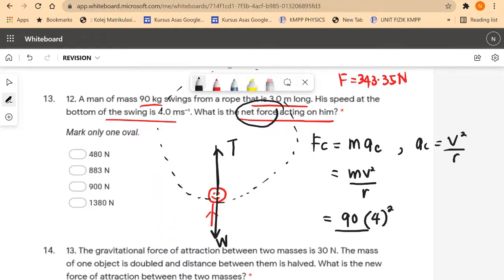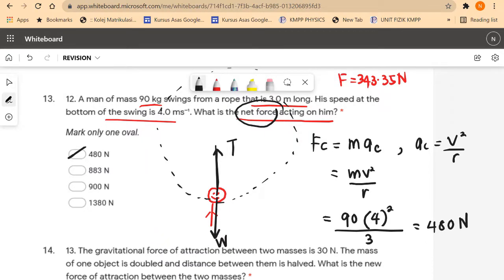The radius of the circular motion is the same as the length of the rope, which is 3. So the answer is 480 Newton. So number 12 is A.